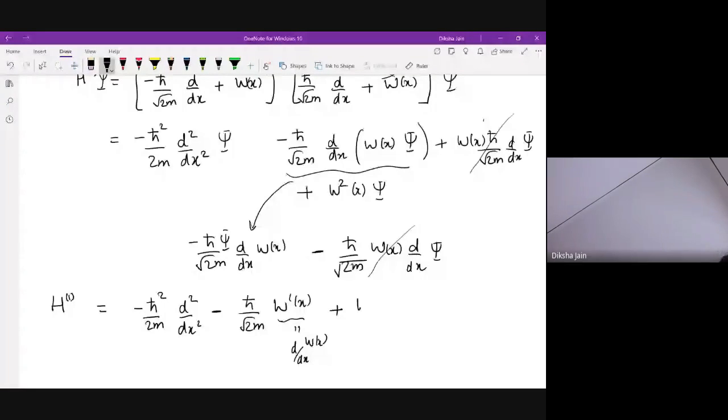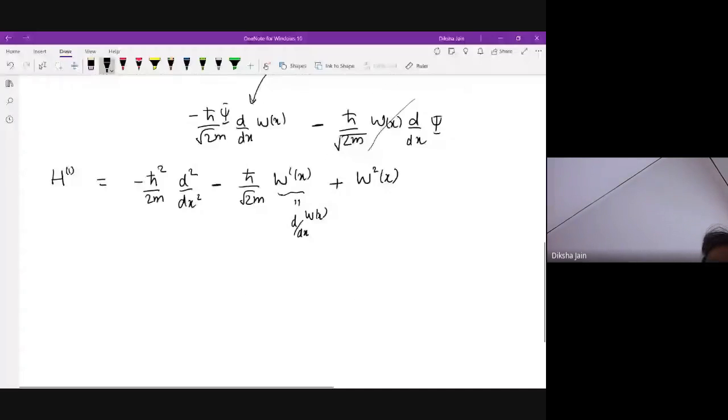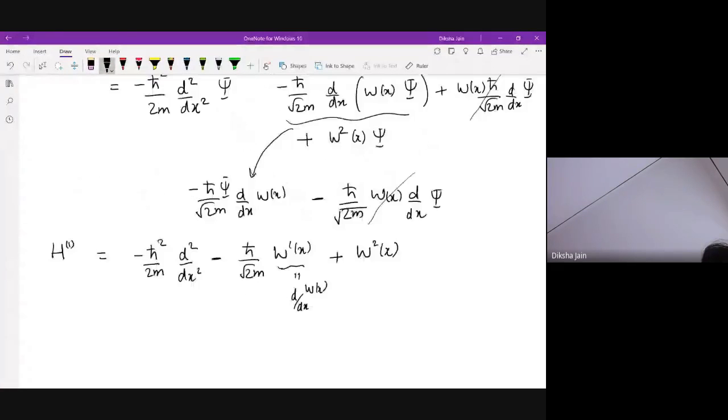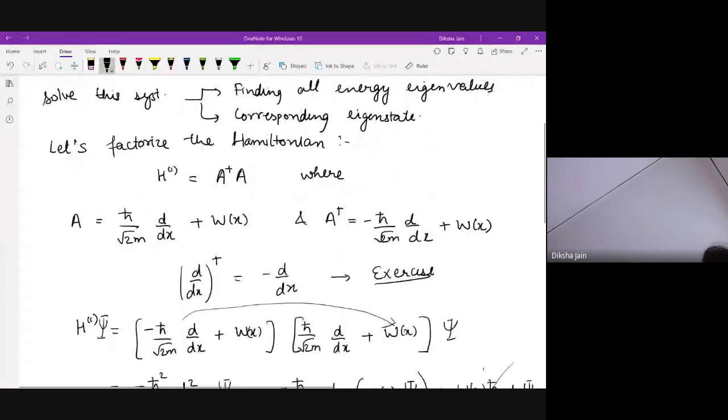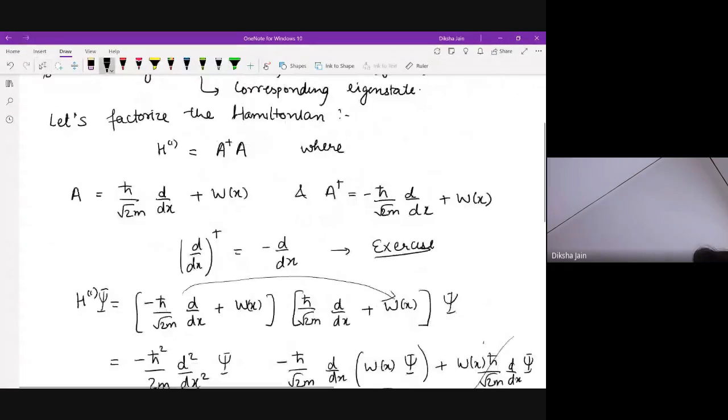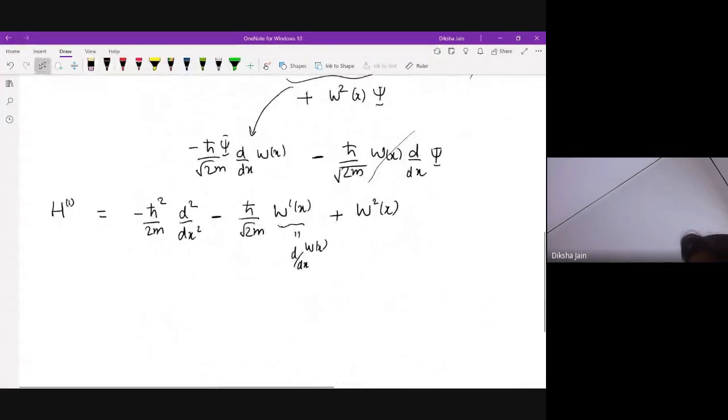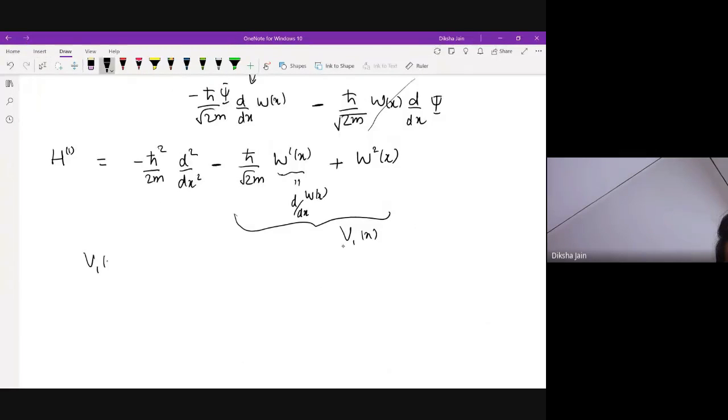Comparing with the Hamiltonian I took originally, this is the kinetic term, and the rest is my potential V1. So my potential V1 of x is minus h cross by square root 2m W prime of x plus W square of x.